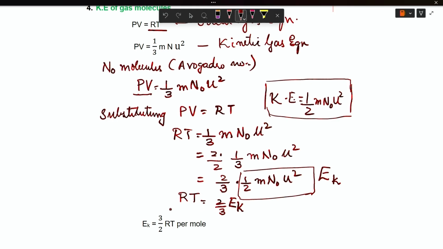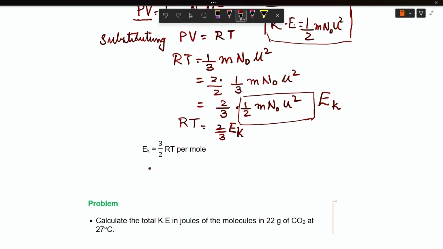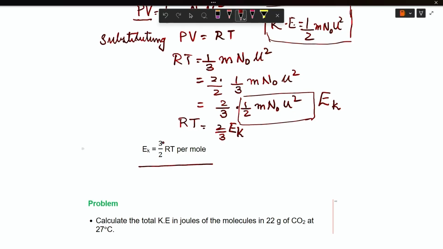So, 3 will be in the numerator, 2 in the denominator, you will get E k equals 3 by 2 R T, and this is for 1 mole, because here N 0 stands for Avogadro number and that is for 1 mole. So, we have E k is equal to 3 by 2 R T per mole, and this is an equation, again you will have to remember E k is equal to 3 by 2 R T for 1 mole of any gas. Next, we will go for some problems based on this.